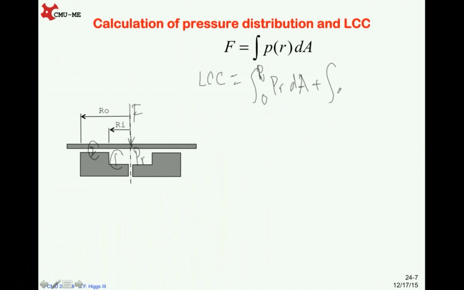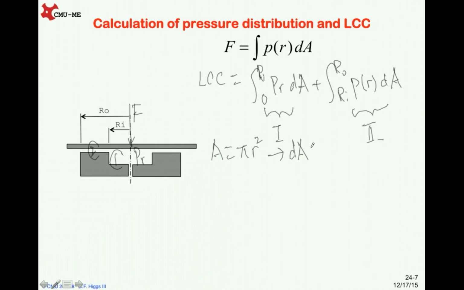Then we integrate from Ri to Ro with the expression we derived in the last slides. This one is the first term, this one is the second term. And since we are dealing with a circular disc, the area of contact is pi r squared, so that we have dA equal to 2 pi r dr.